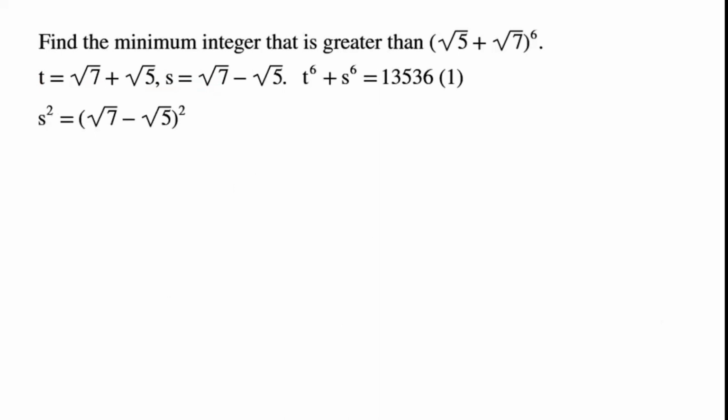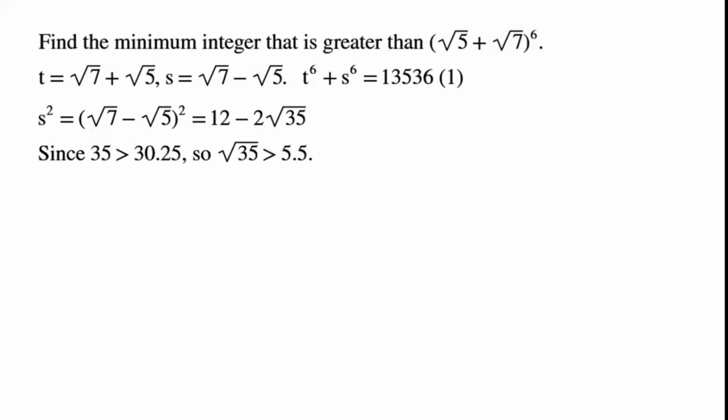s² = (√7 − √5)², which is 12 − 2√35. Since 35 is greater than 30.25, √35 is greater than 5.5.